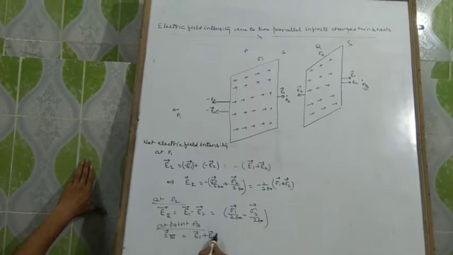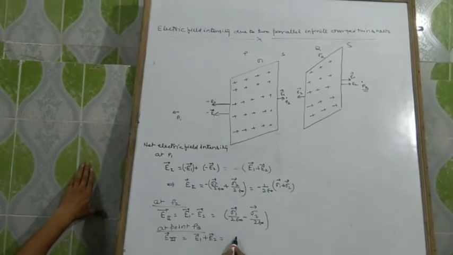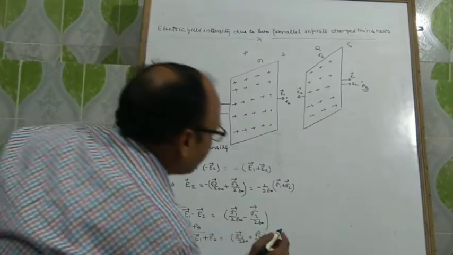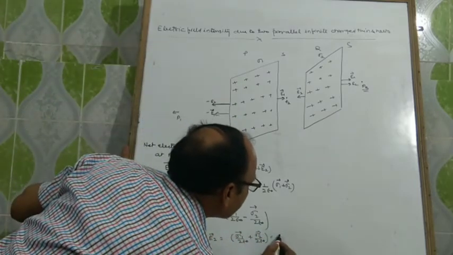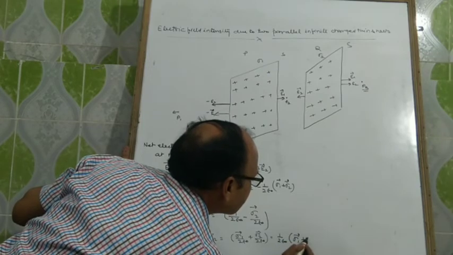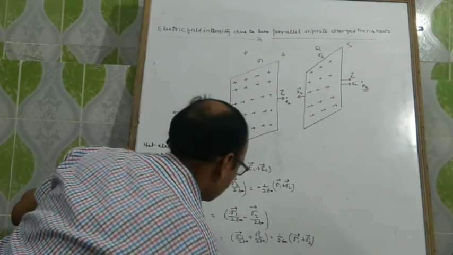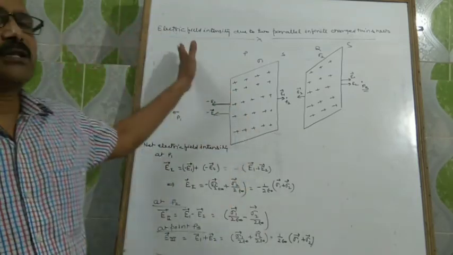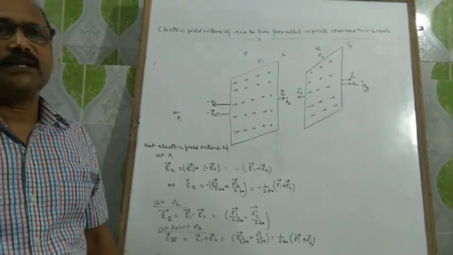This will be equal to sigma 1 upon 2 epsilon naught plus sigma 2 upon 2 epsilon naught, and this can be written as 1 upon 2 epsilon naught, sigma 1 plus sigma 2. So these are the applications of Gauss's theorem. Okay, it's sufficient for today.